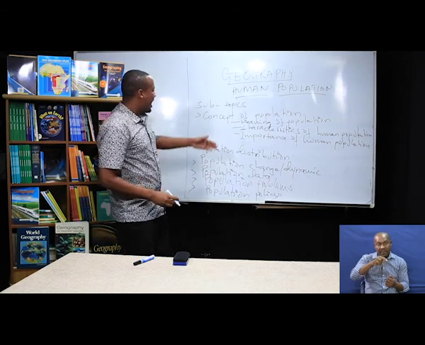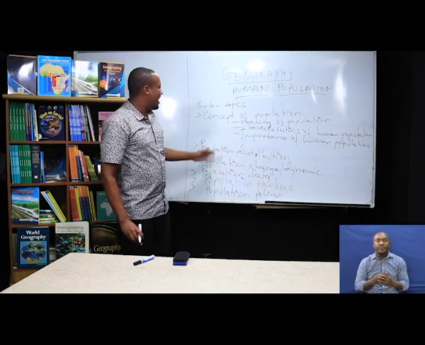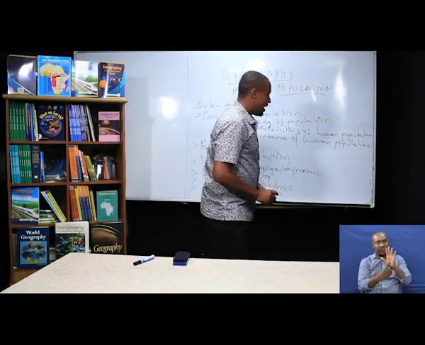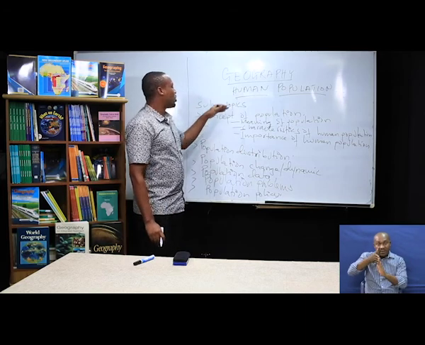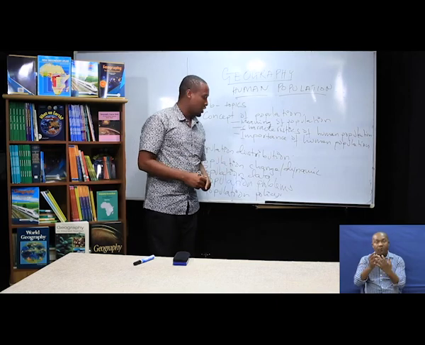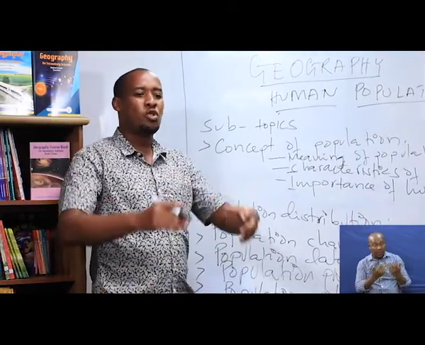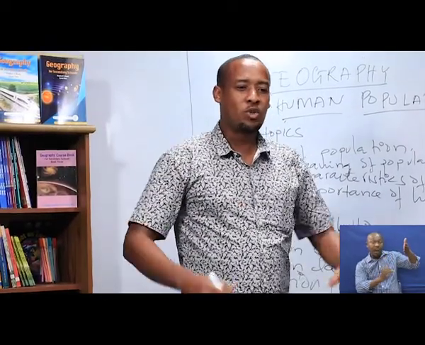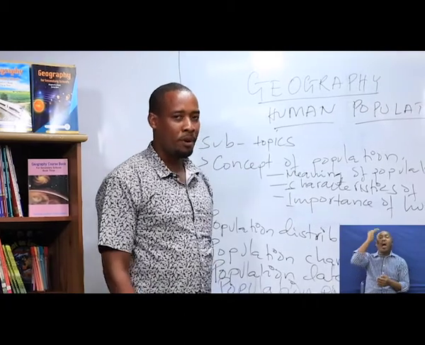So after observing these subtopics, student, let's go to the first subtopic that is known as concept of the populations. The reason for outlining these subtopics is to make you aware, to make you conscious about the whole topic of human populations.